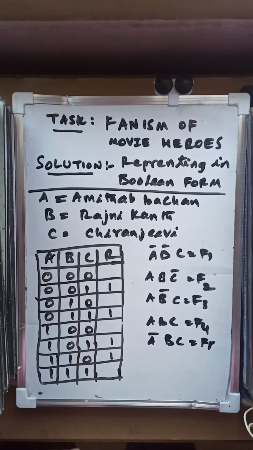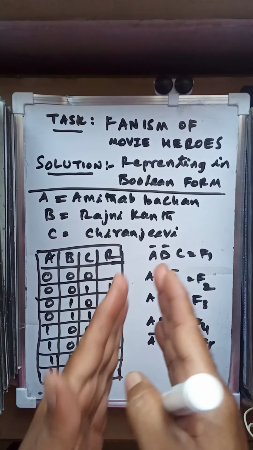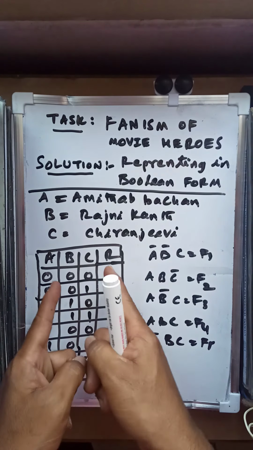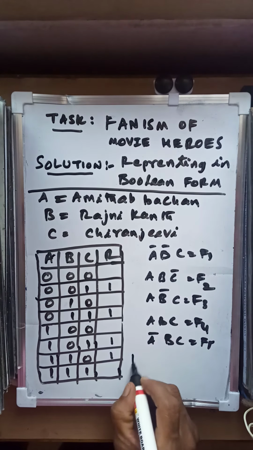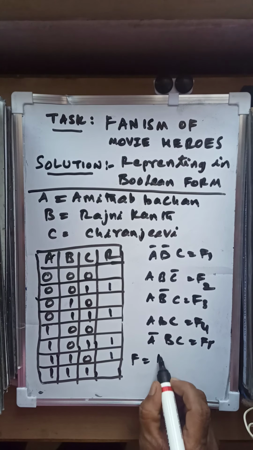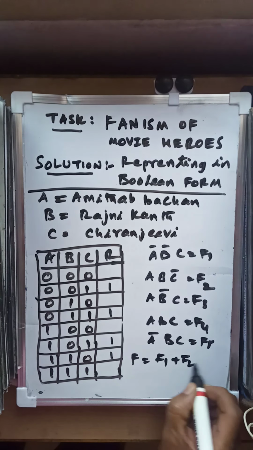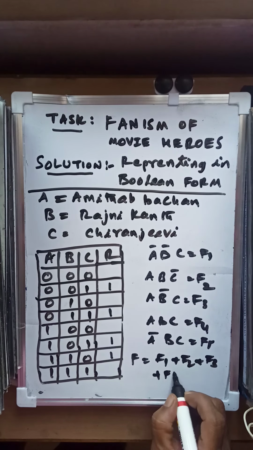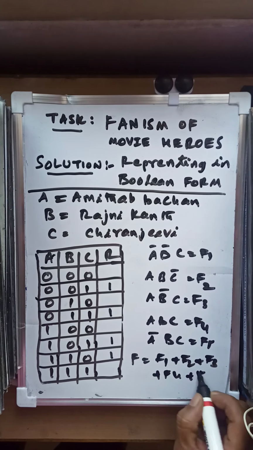So finally I want the total combination. Total means I want the full task, the task that contains these combinations. So how to write it? The total function is equal to F1 plus F2 plus F3 plus F4 plus F5.